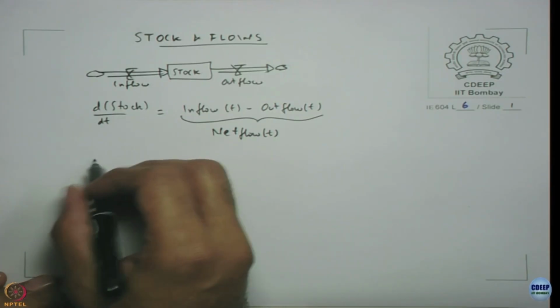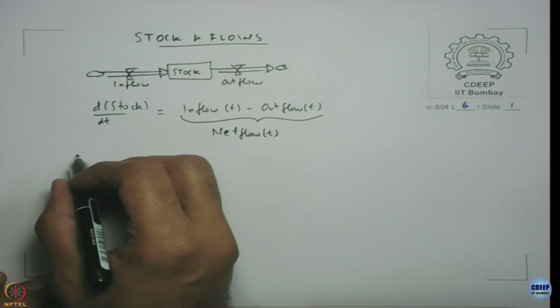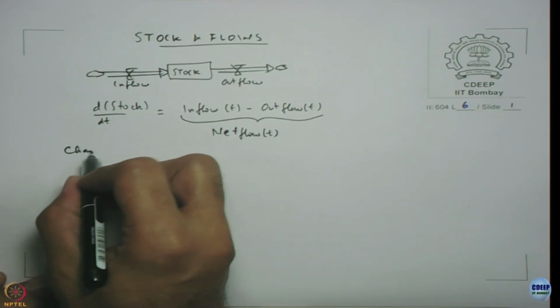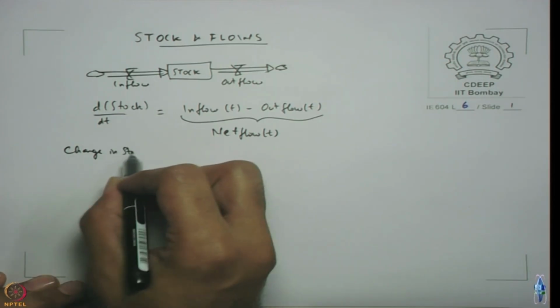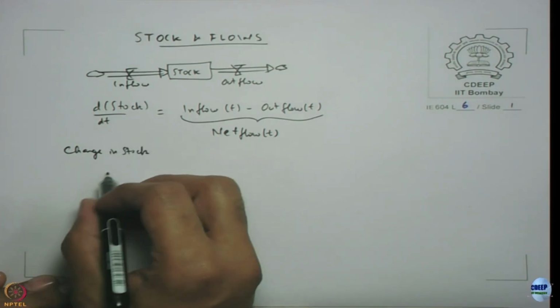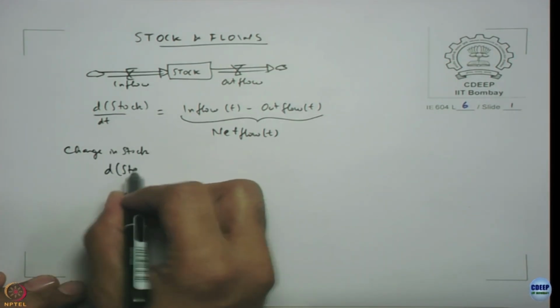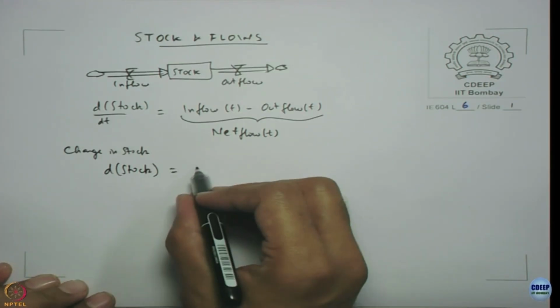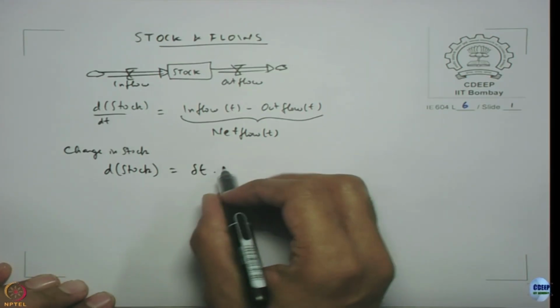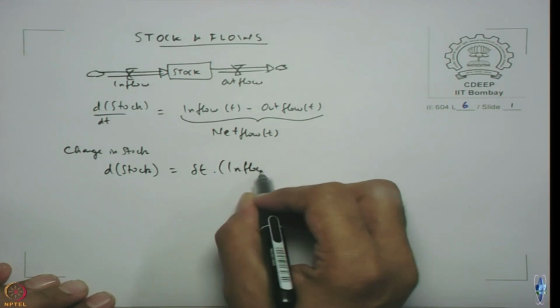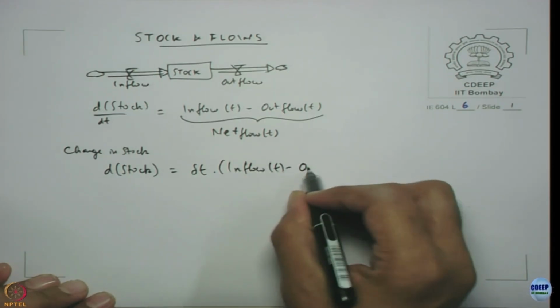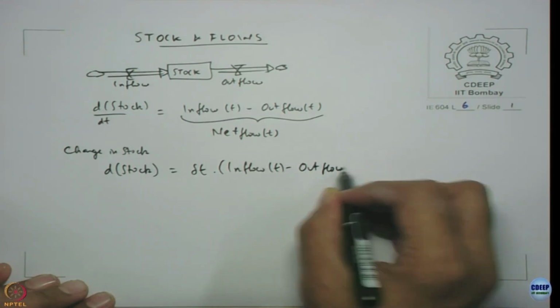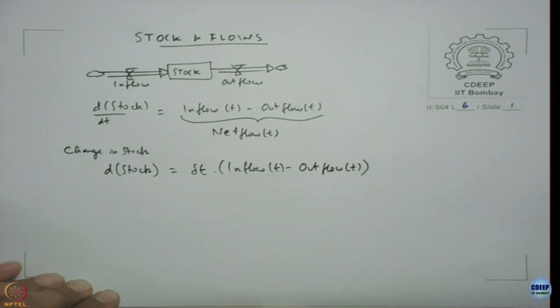If you want to actually see what is the change in stock, that is d of stock, it can simply be delta t times your inflow at time t minus your outflow at time t.